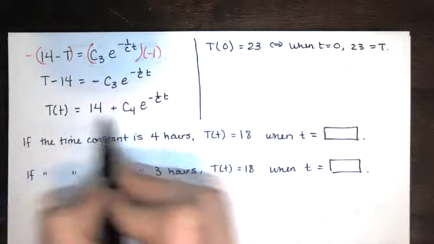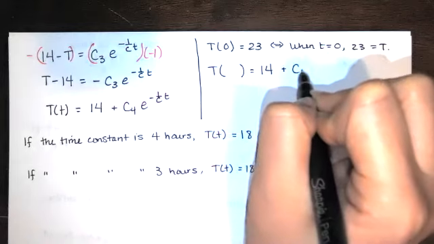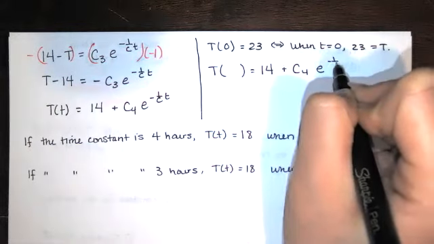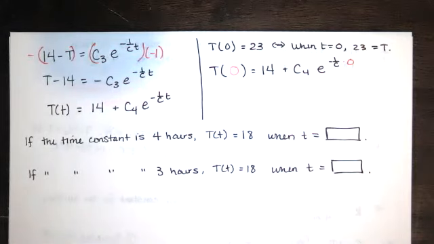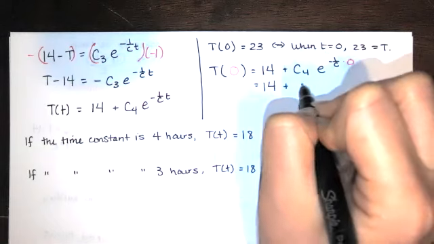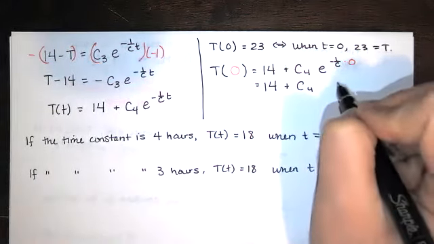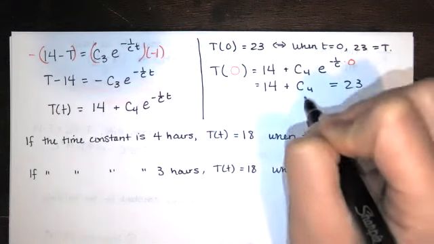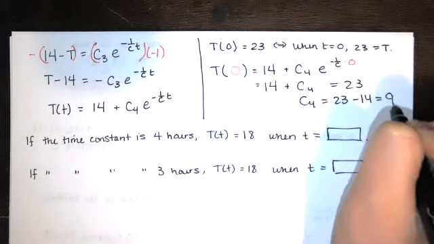So we can substitute little t equals 0 here. e to the 0 is 1. So this is C4 times 1. So 14 plus C4 is equal to 23. So C4 must be 23 minus 14, which is 9.